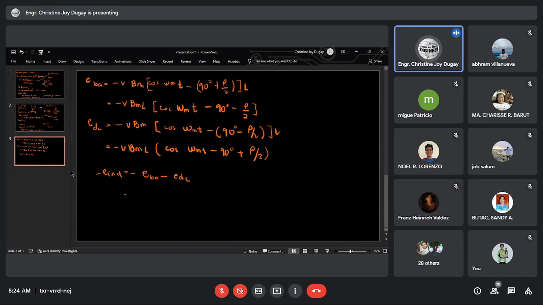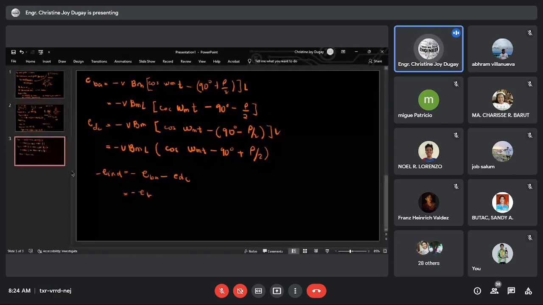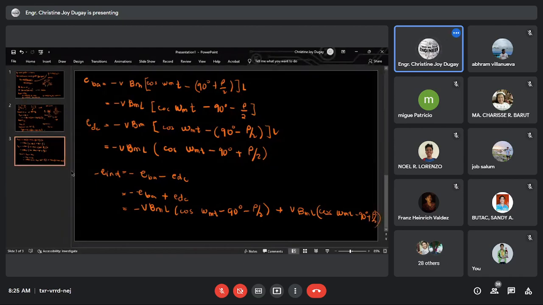So our E-induced is equal to negative EBA, and EDC becomes positive. Substituting, that is equal to negative V Bm L cosine of omega mt less 90 degrees less rho over 2, plus V Bm L cosine of omega mt less 90 degrees plus rho over 2, quantity. So that is our equation.